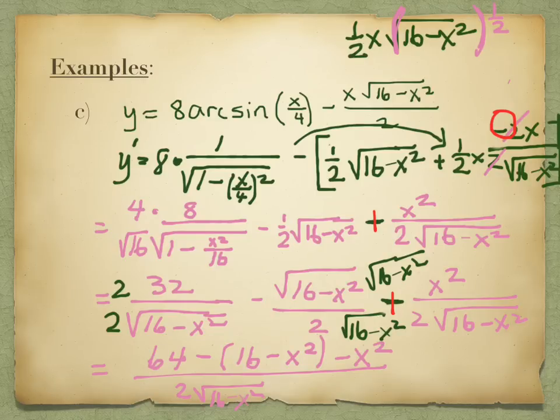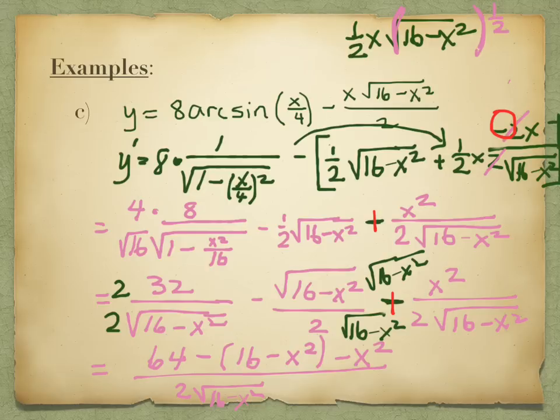Okay, let's see what we've got to clean this thing up. So I'm out of space on the colorful sheet, but it's okay. So let's do this. I've got 64 minus 16, right? So what is 64 minus 16? 48?